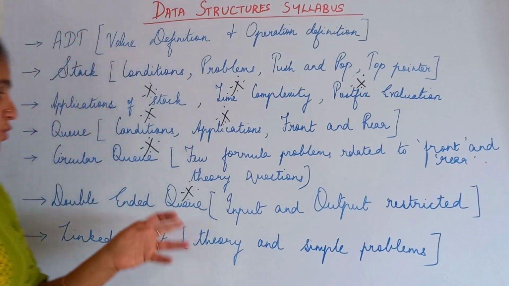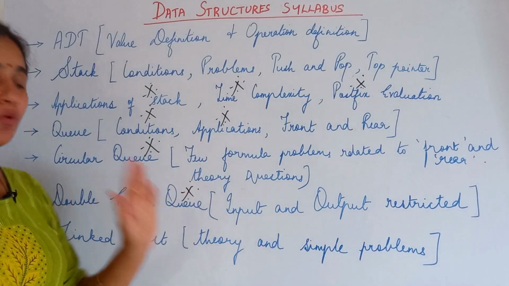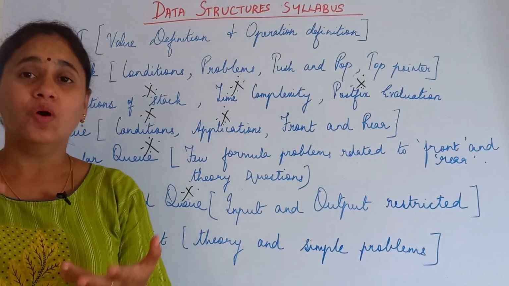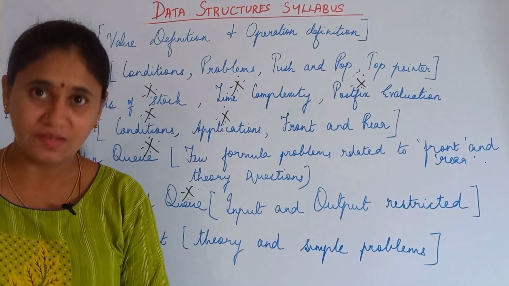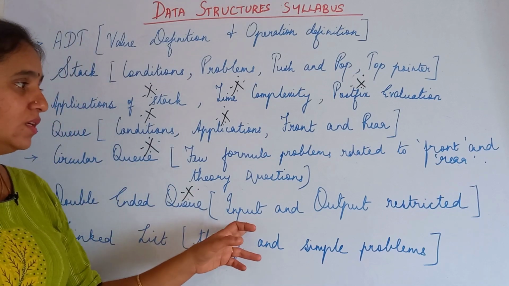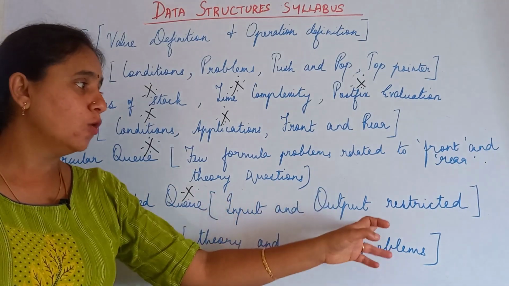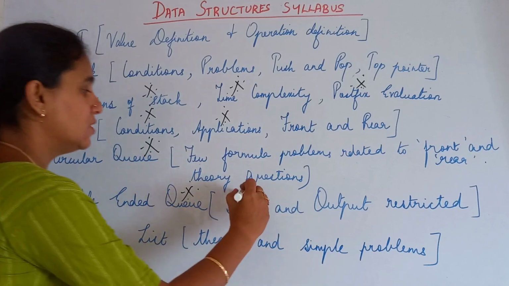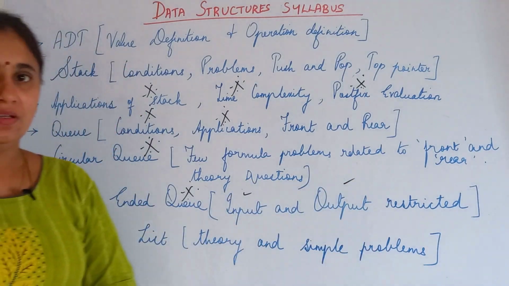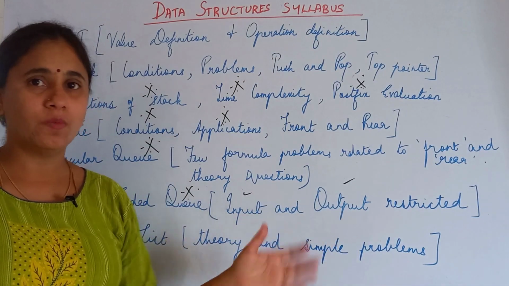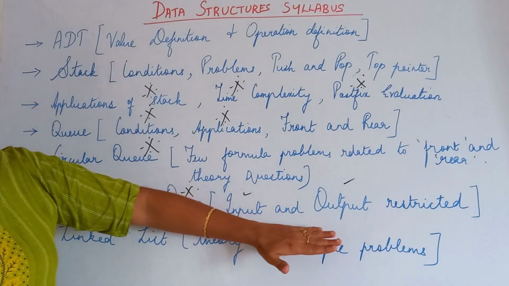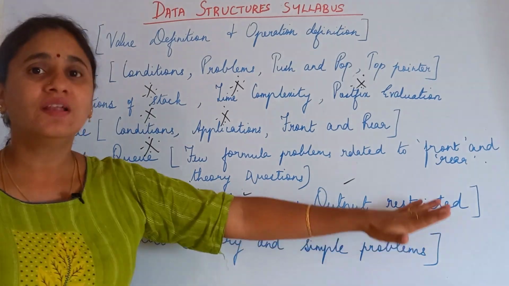Under double-ended queue we are going to discuss the meaning of double-ended queue, its advantages and disadvantages, and what are the input and output restrictors. These two things you must remember. You may not get any problems on double-ended queue. So we are going to concentrate on input restricted and output restricted.